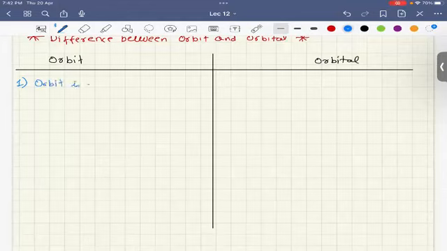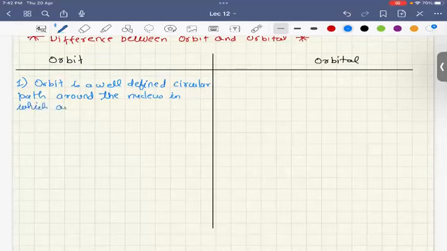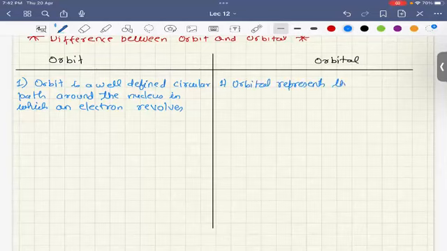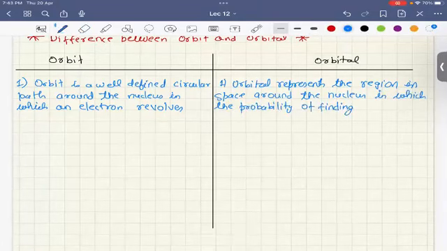Orbit is a well-defined circular path around the nucleus in which an electron revolves, right? Whereas orbital represents the region in space around the nucleus in which the probability of finding the electron is maximum.